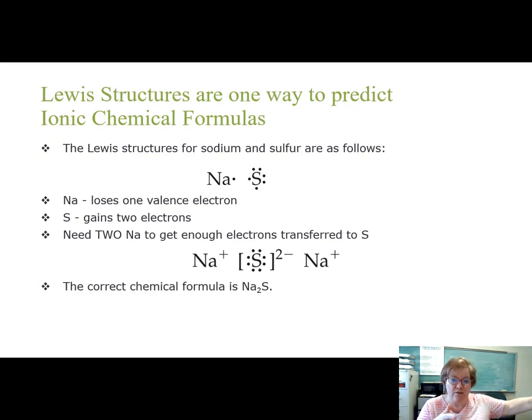So I get another sodium atom to supply that last electron. I have 2 positive charges and one -2 charge, which cancel each other out. So the proper chemical formula for a neutral ionic compound would be Na2S. I need 2 sodiums to complete the octet for the sulfur.